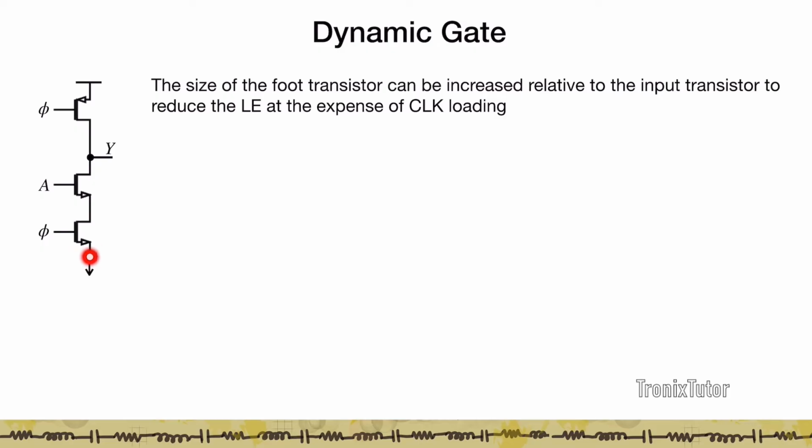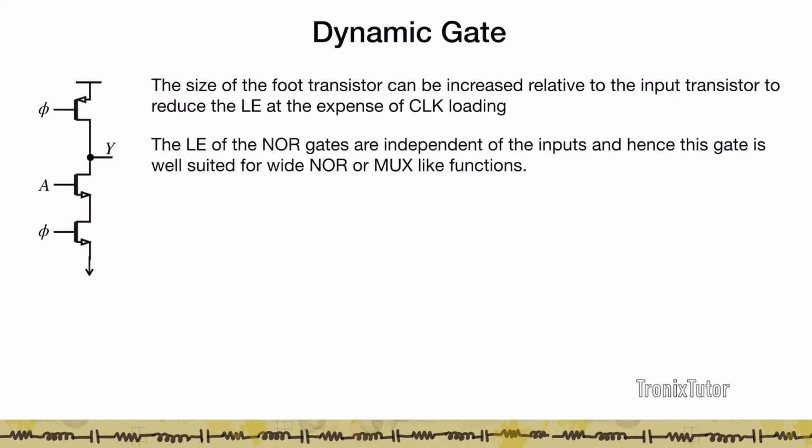However, this would end up loading the clock signal, and again this is possible in a few instances, but remember this clock is already a pretty sensitive signal and it's mostly in the critical path, so loading it is generally not a good idea. As I also mentioned previously, the logical effort of NOR gates tends to be independent of inputs in this topology.